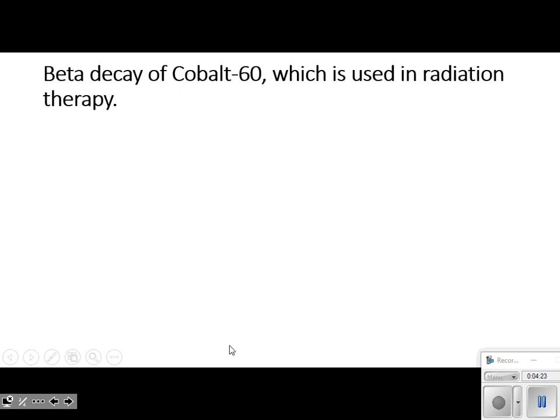Now, my second step here, the beta decay of cobalt-60, which is used in radiation therapy. Go ahead and write your general equation for the beta decay right below that question. As I look at my general equation for beta decay, my A is staying the same.